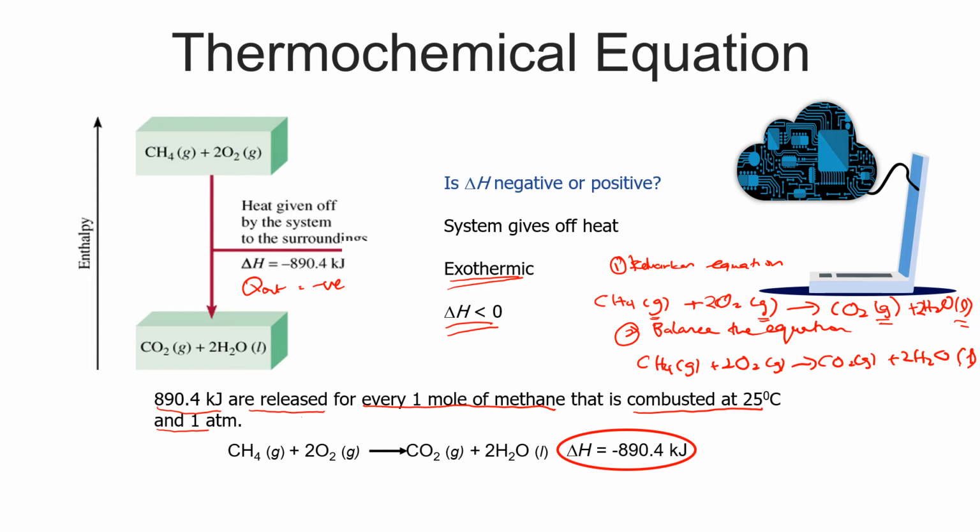Jadi delta H akan jadi negatif 890.4 kilojoule untuk 1 mol of methane. Okay, bila stoichiometry dalam thermochemical equation ni, kalau dia tak tulis ni maknanya ada satu lah. So this stoichiometry dia menunjukkan number of mole.